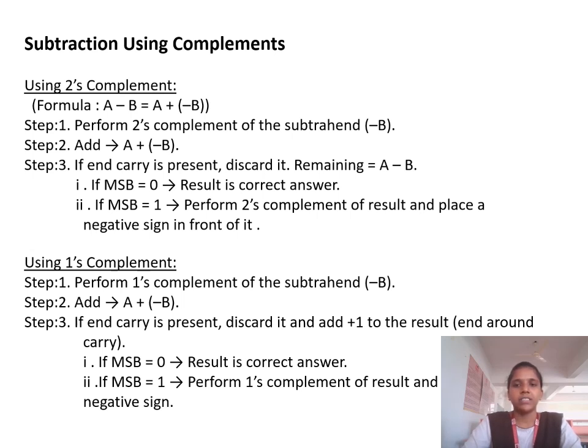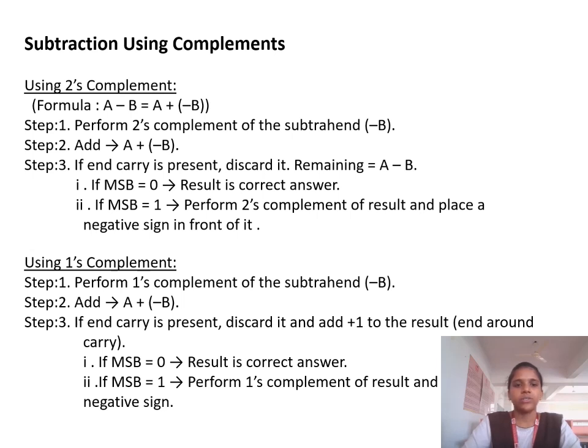The remaining is equal to A minus B. If the MSB is 0, the result is the correct answer. If the MSB is 1, perform the 2's complement of the result and place a negative sign in front of it.